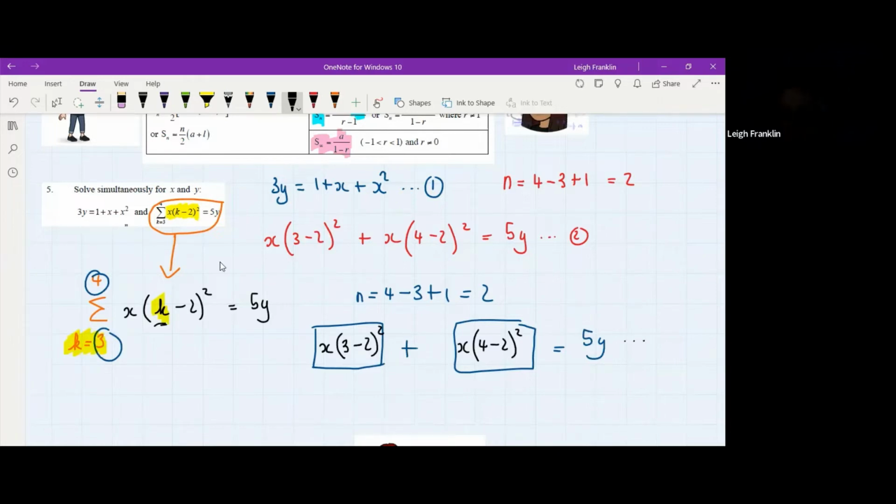Ma'am, if n is more than 2, is that how many terms you would know to add together to make 5y? Absolutely. If, for example, they had put, let's make it a little bit more interesting, a 7 at the top here, how would I work out how many terms there are?